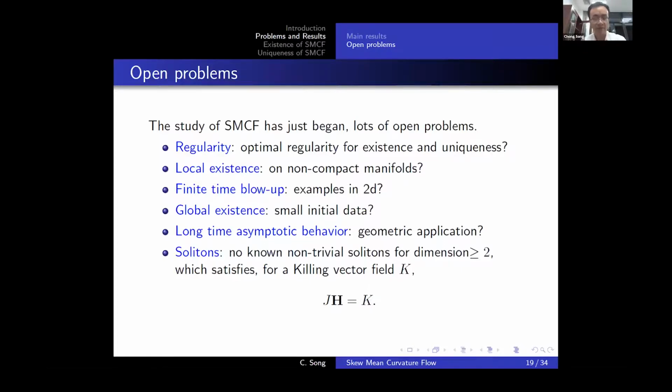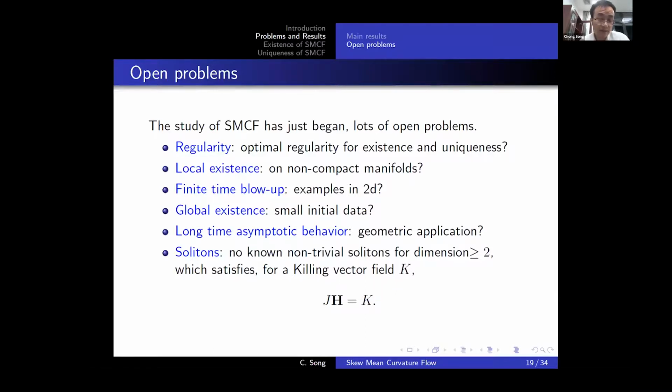Because once you have some clue of this long time behavior, then maybe we have some interesting geometric applications of this flow, just like we can use mean curvature flow to find minimal submanifolds. And also, we want to know, are there any solitons?